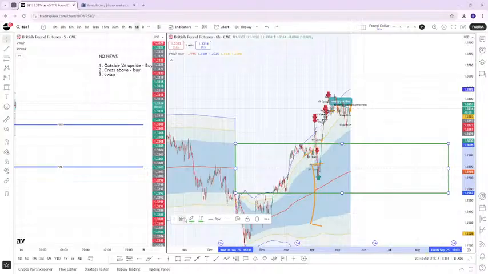Let's move this over. Put in our projection levels. Here, so lows to high.